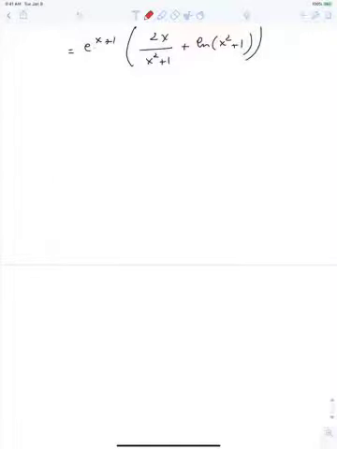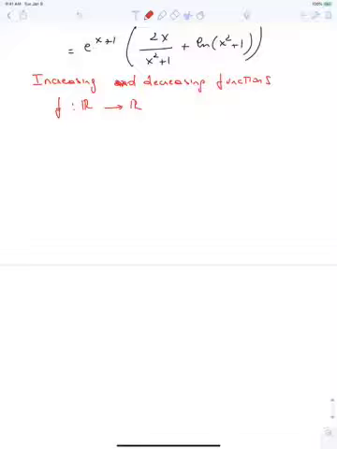Okay. So let's say that we have a function from the set of real numbers to the set of real numbers. So the title here is going to be increasing and decreasing functions.